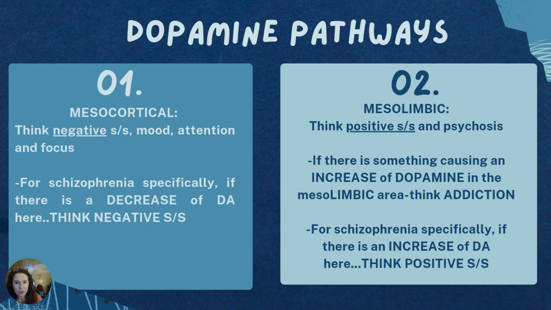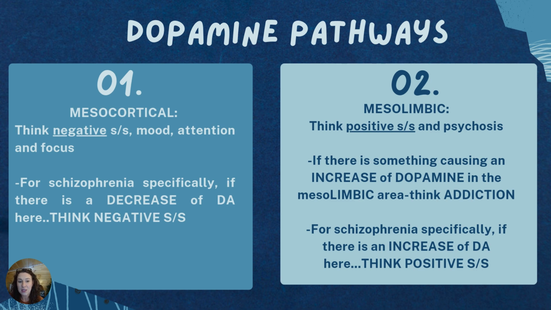Mesolimbic. Don't get these two confused. They're different, similar name, but different. Mesolimbic, you're going to think more of like emotions. So automatically, when you see mesolimbic, you're going to think positive signs and symptoms. So if there is something in mesolimbic with schizophrenia specifically, there's an increase.